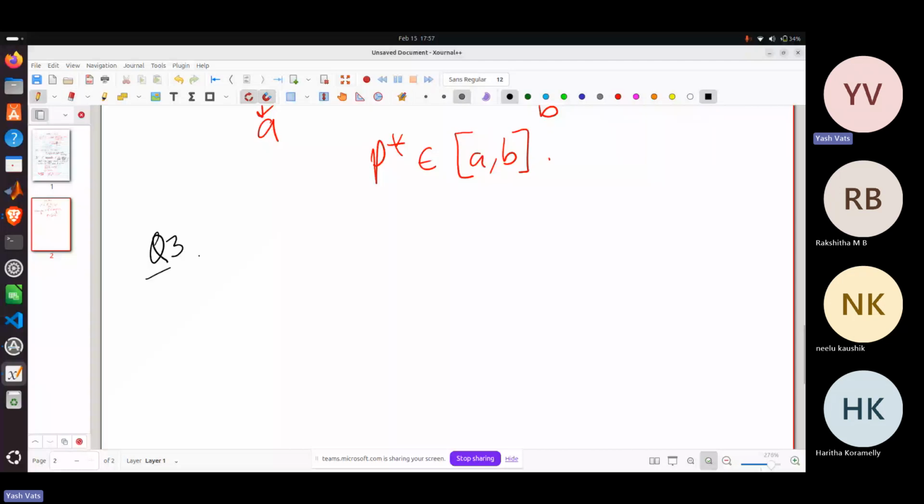Question 3 says, what is absolute error?